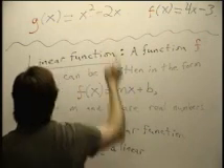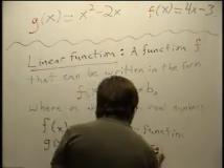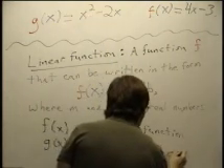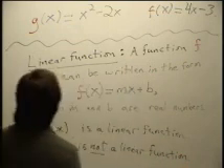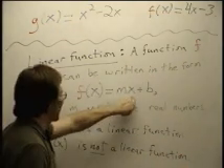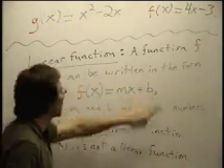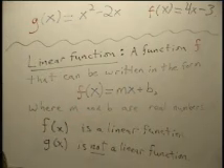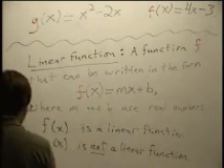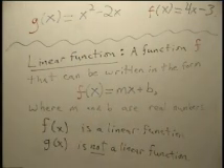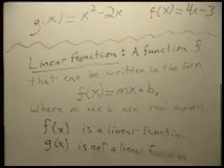It has an x squared term. And that violates the rule of being linear. Linear means x has to have exponent of 1, or else there has to be a constant. So the x squared term means that g of x is not a linear function.